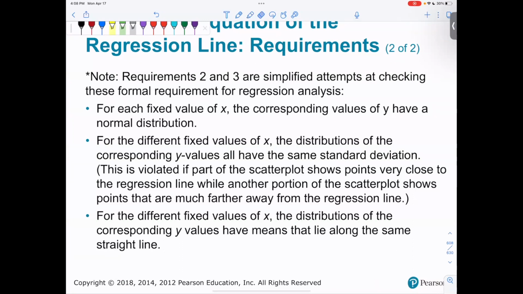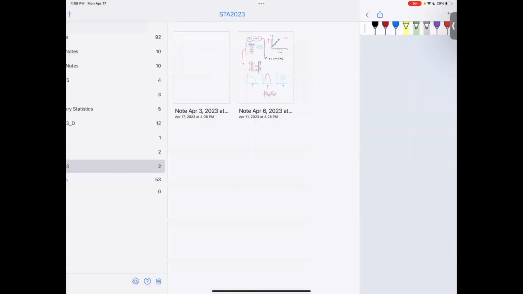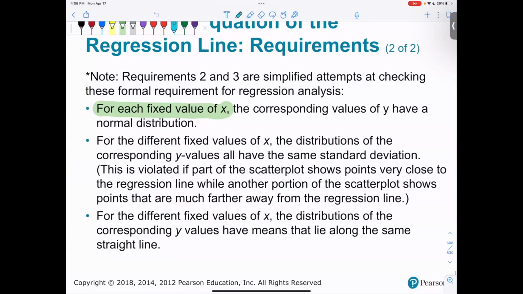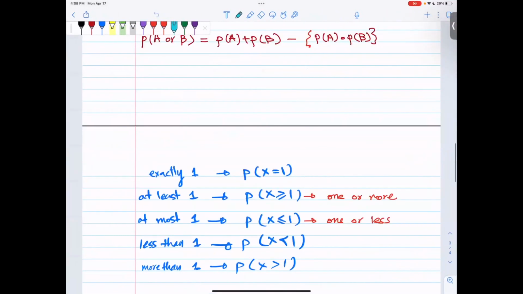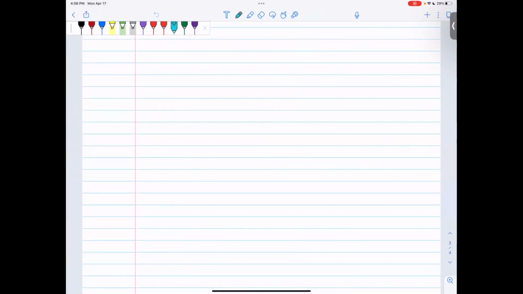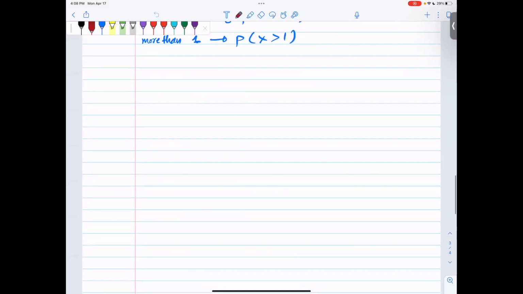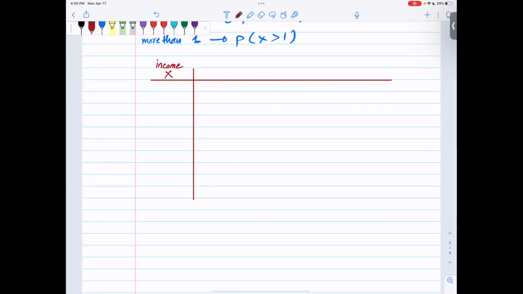For all x values, the corresponding values of y have a normal distribution. Let me go back here and explain this. Imagine that we have x, which is, for example, income, and y, how much you spend every month.